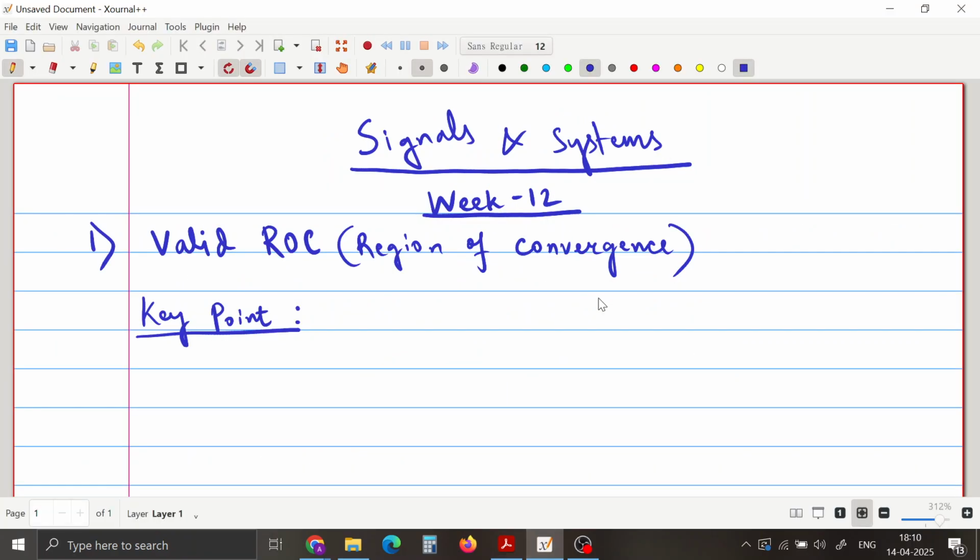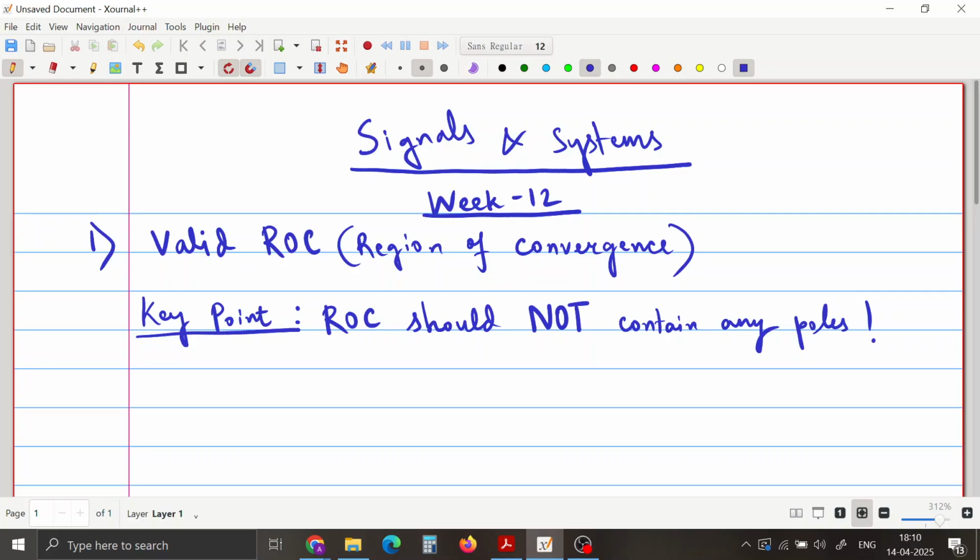Now the condition for a ROC to be valid is that it should not contain any poles. The poles should not lie within the region of convergence. Let me write that. ROC should not contain any poles.